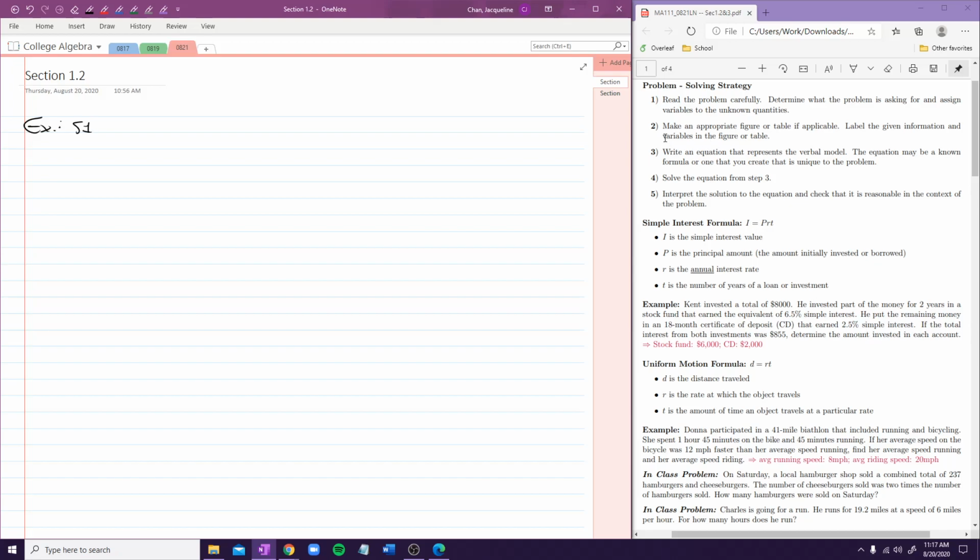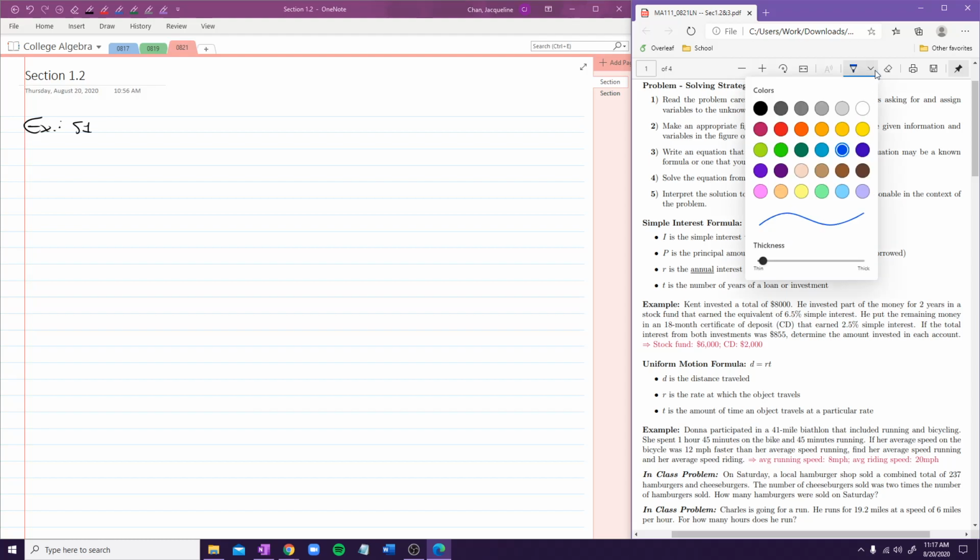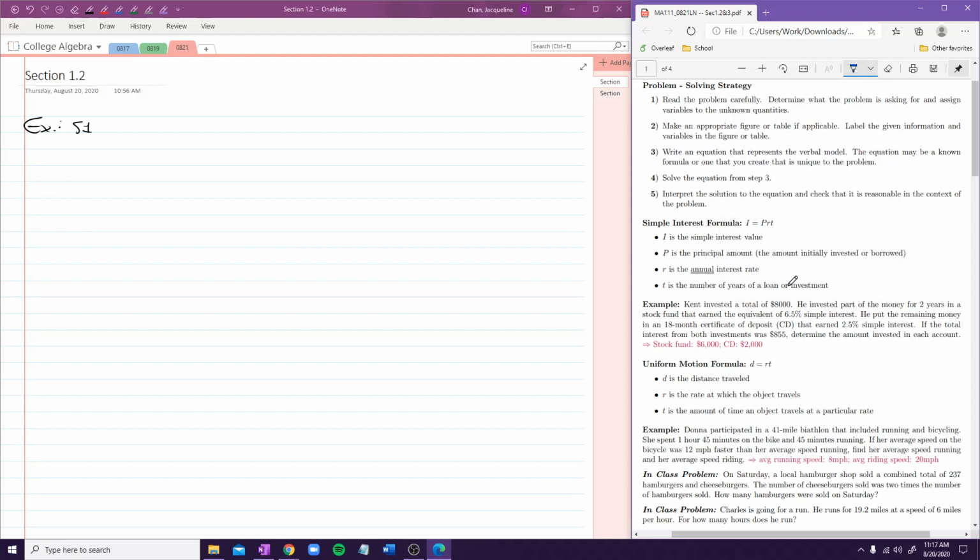Right? So step 2 says make an appropriate figure or table. So technically there should be a step 1 part B. What I normally like to do is get all of this information and underline what we know. So we know Kent invested a total of $8,000.